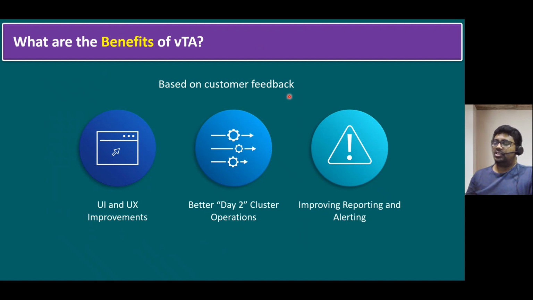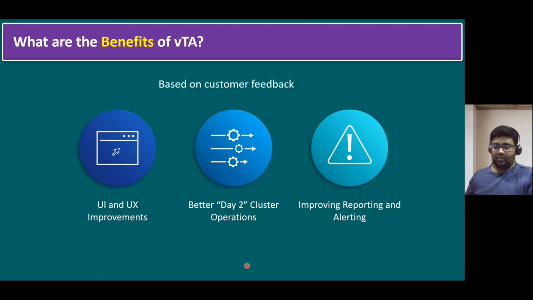Earlier, customers said all our hardware has inconsistent firmware, and that is not up to our audit standards. But when we use VTA, we can see compliant and non-compliant hosts, and based on that report we can address issues. It also brings user interface and UX improvements, better day-to-day cluster operations, and improved reporting and alerting.